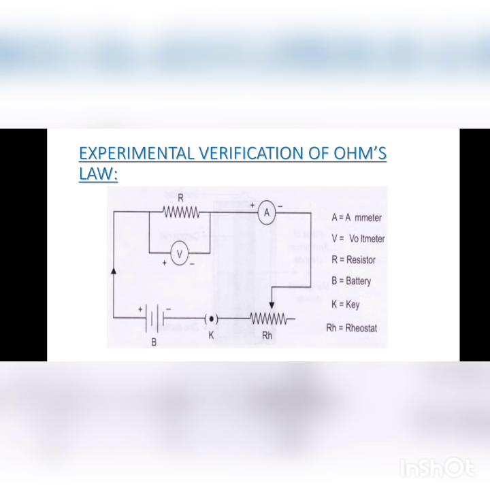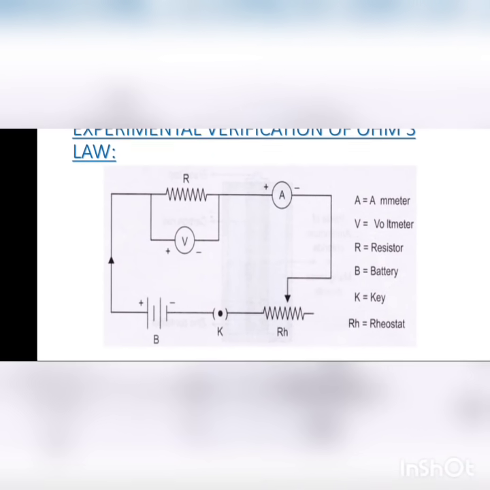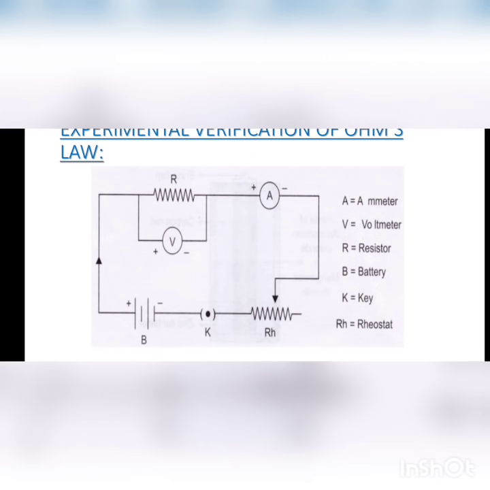Experimental verification of Ohm's law. Now this is very important because when the school reopens, we are going to perform the experimental verification of Ohm's law in the lab also.